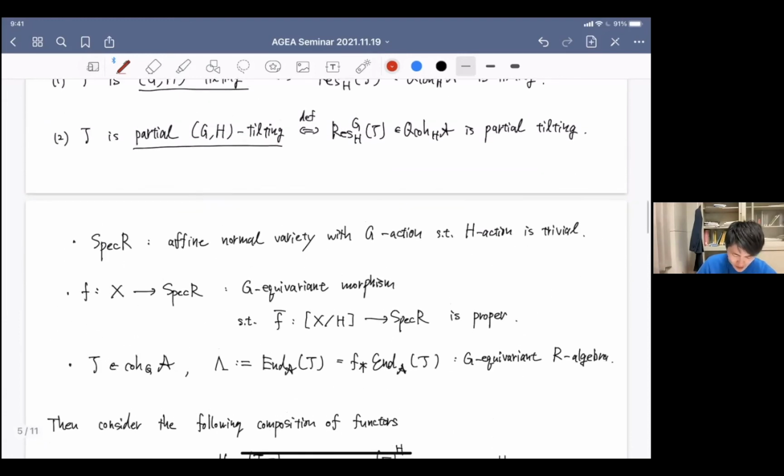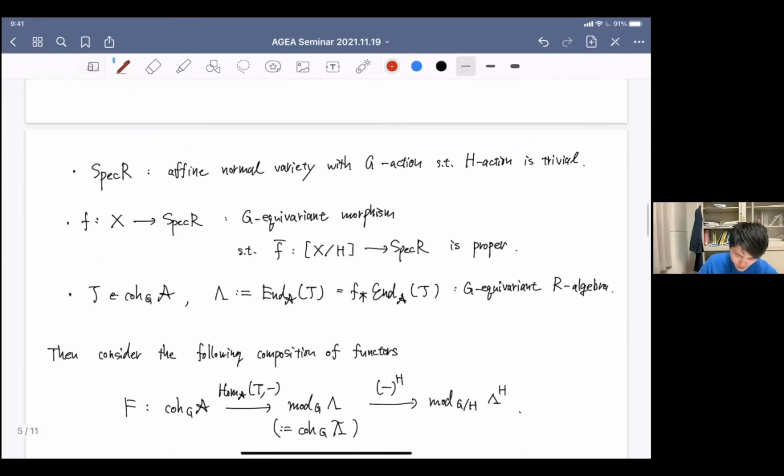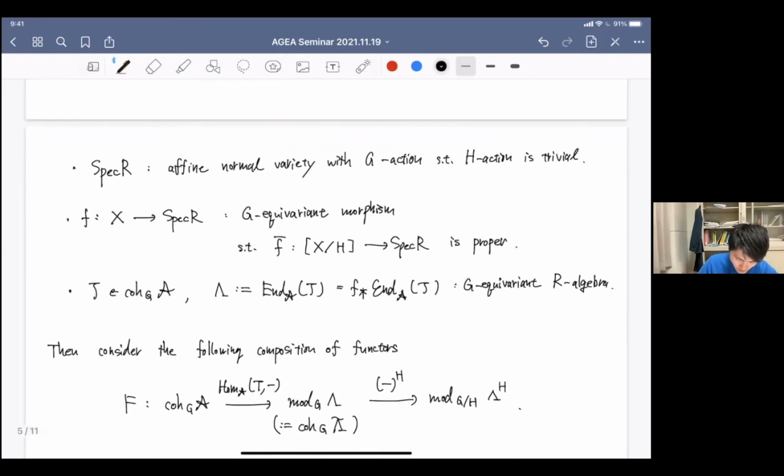So now I introduce the equivariant version of derived Morita equivalence. Let Spec R be an affine normal variety with a G action such that the H action, which is induced by the G action by restriction, is trivial.